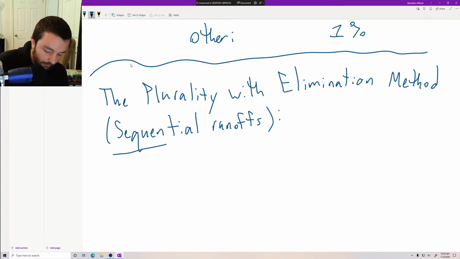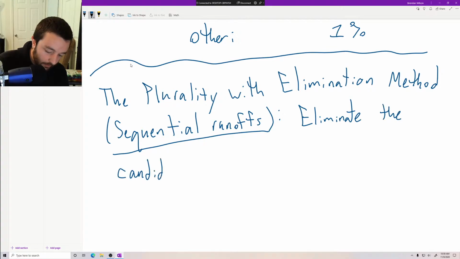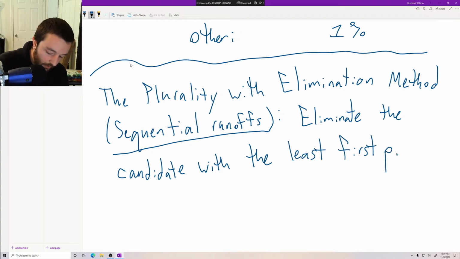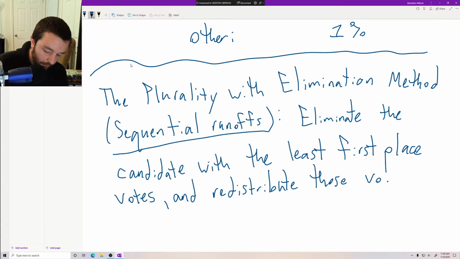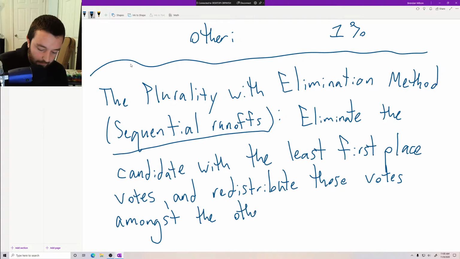So with this method, we eliminate the candidate with the least first place votes and redistribute those votes amongst the other candidates.